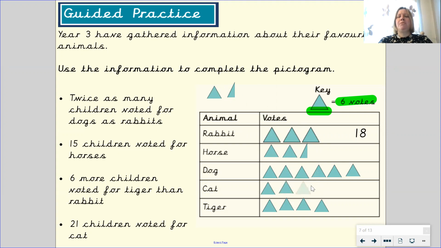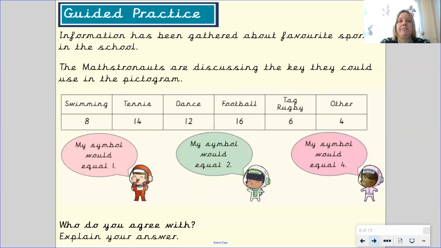How many more do I need to make 21? 18, 19, 20, 21. 3 more. So I'm going to represent that with half a circle. And now I have used the information to complete my pictogram.